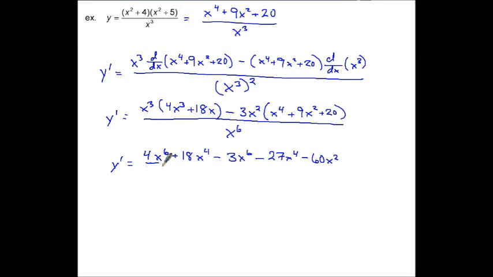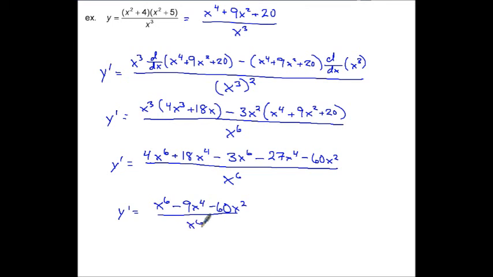Okay, now I do have some like terms there on top of my x to the sixth, so I'm going to put those together. I've got an x to the sixth here and an x to the sixth there, although they conveniently cancel down to 1x to the sixth, so there's an x to the sixth. Okay, I've got x to the fourths, I got an 18 and a negative 27, so a negative 9x to the fourth, and then finally I've got a negative 60x to the second. Alright, on top of my x to the sixth.